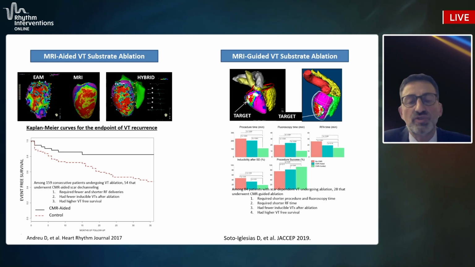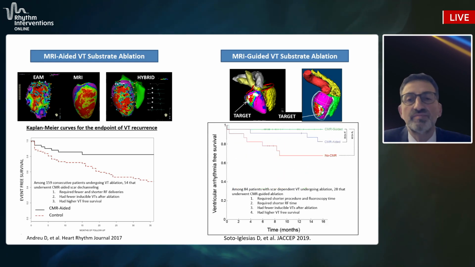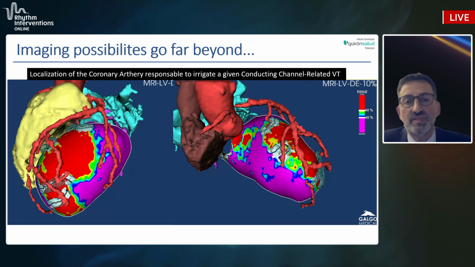Patients required shorter radiofrequency time to perform complete substrate ablation. We had lower inducible VTs after ablation, and we have with this way higher VT-free survival, as you can see in the Kaplan-Meier curves.